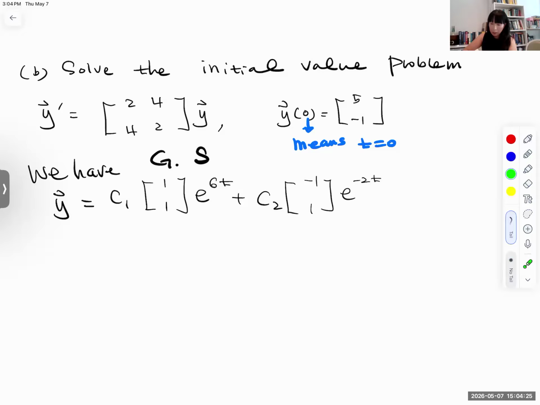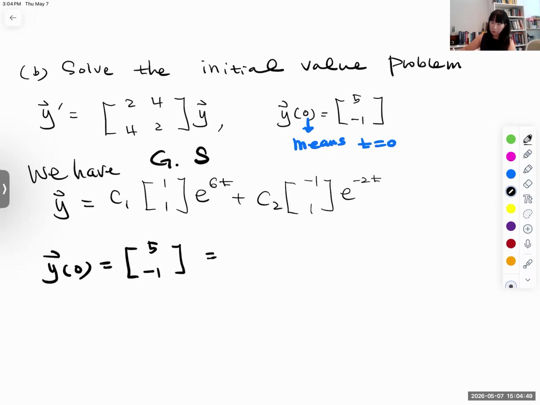Look, when t equals 0, e to the power is 1. So let me write down: y of 0 equals 5 and -1, right?